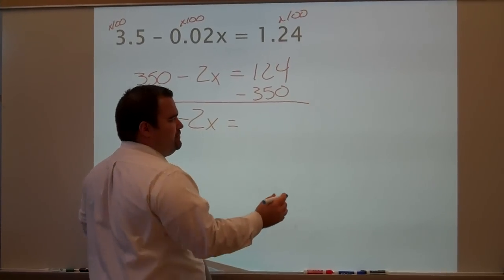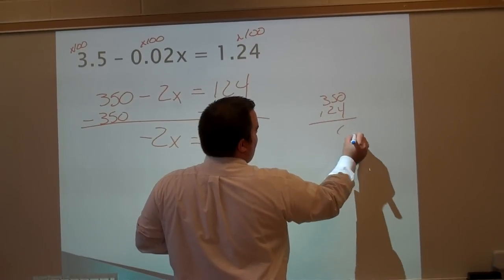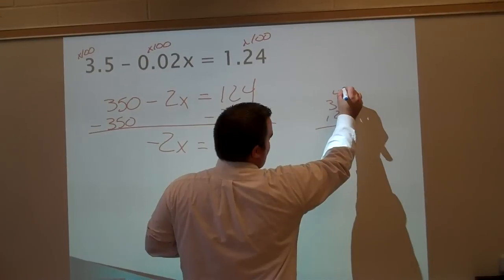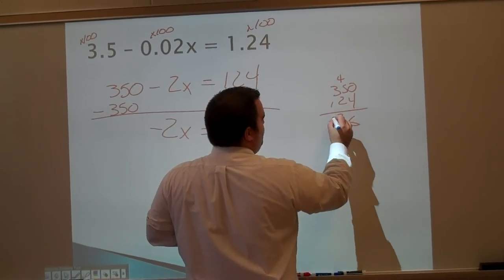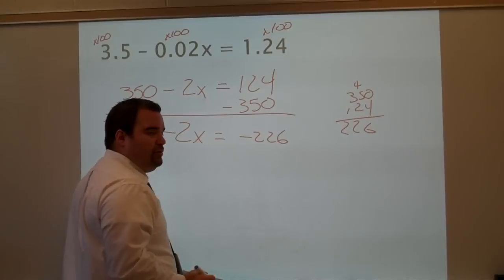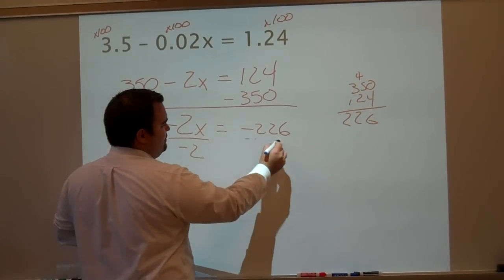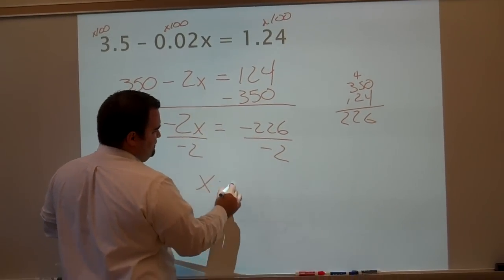Oh boy, should have got my calculator. Divide both sides by negative 2. X equals 113.